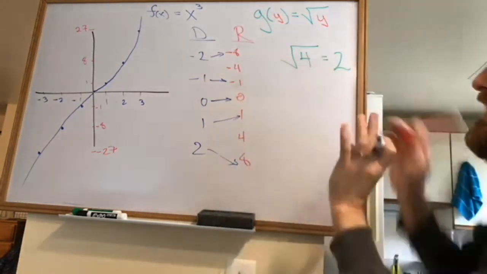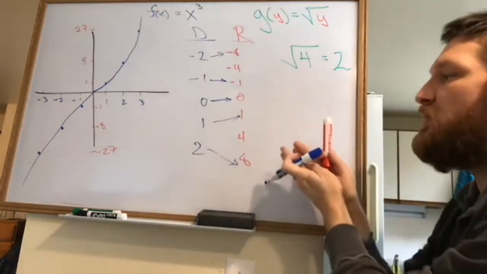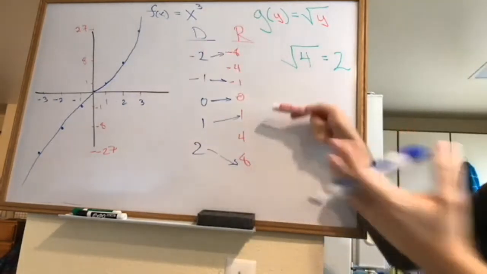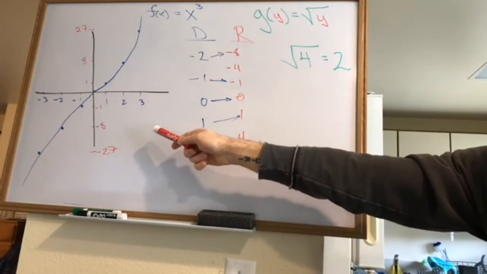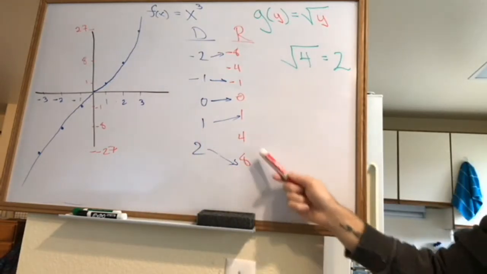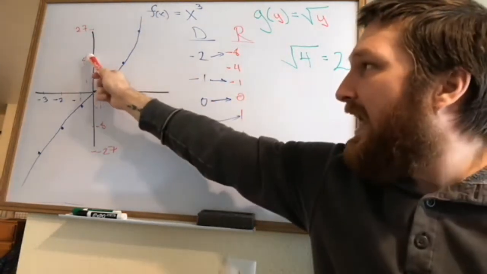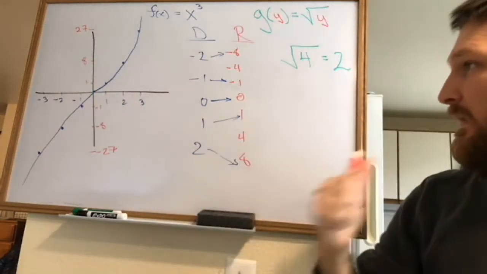And so when we played the inverse game, right, and said, okay, 4 is your output, what was your input? It was ambiguous because it could have either been -2 or it could have been +2. In this case, there's no ambiguity. If your output is +8, there's no way it came from -2, because the only way to get 8 as an output is if it came from +2.